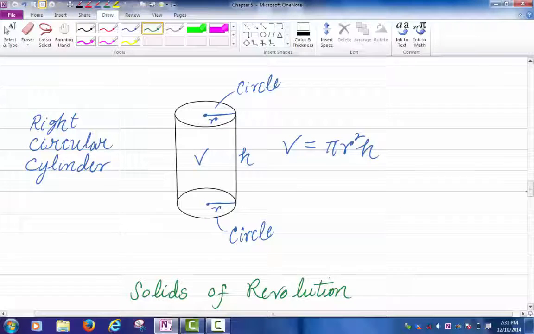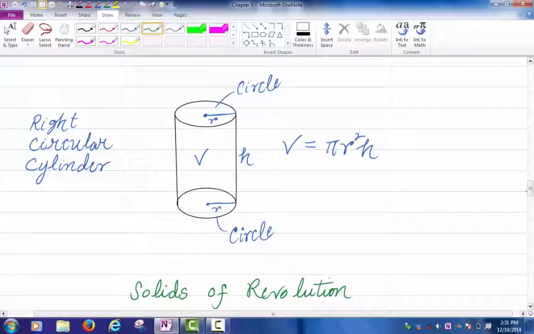Now in this case, what's the volume of the cylinder? Area of the bottom multiplied by the height. Because the bottom is a circle, I can say the area is pi r squared. That's the volume of a cylinder. Everybody's okay?